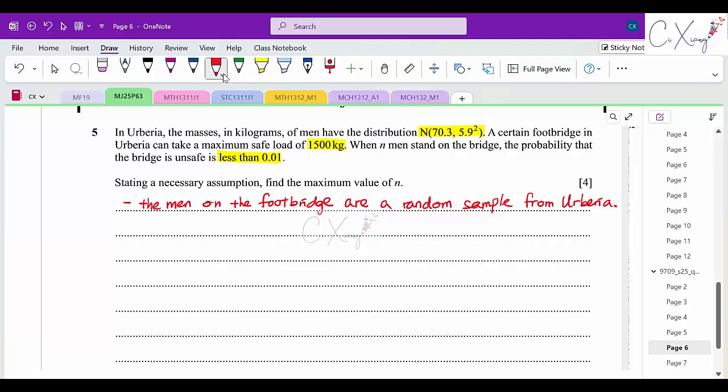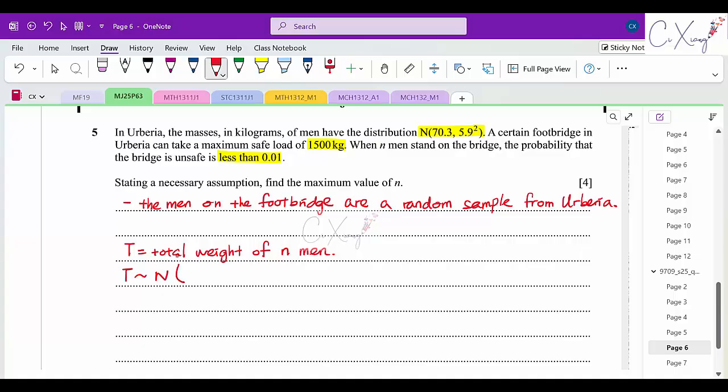We are having n men, right? Maybe I can define T as the total weight of n men. Since the weight of a man is normally distributed, the linear combination for n men, that means we are adding all the weights for the n men, is also normally distributed. Therefore, T, the total, is also normally distributed.